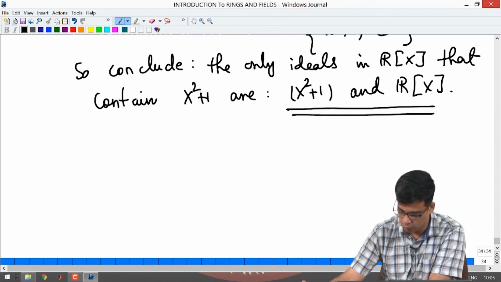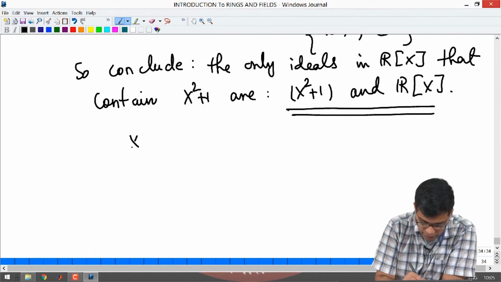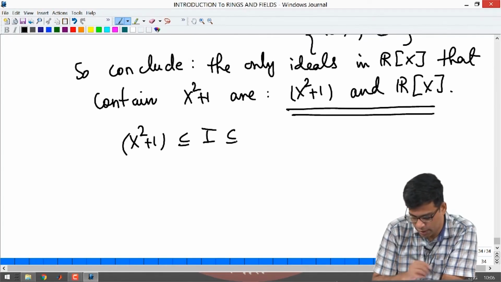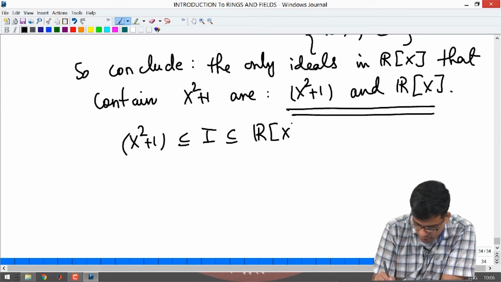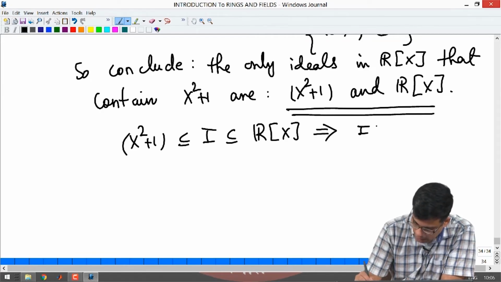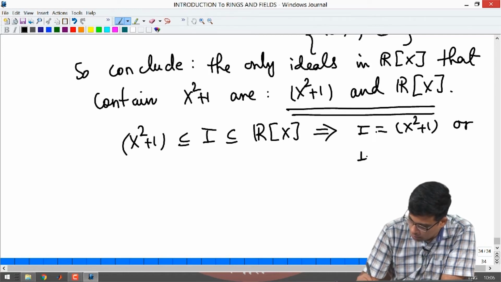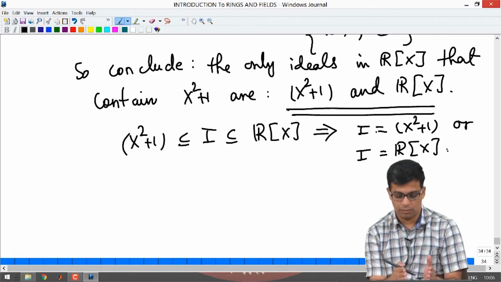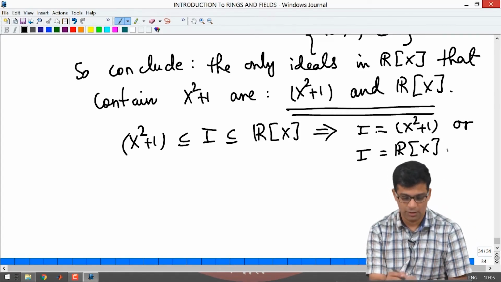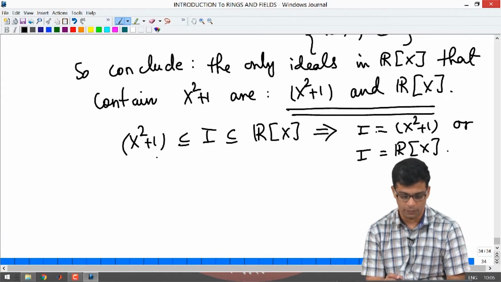So, this is the point I want to emphasize. In other words, if you have an ideal (x squared plus 1), and it is contained in an ideal I, which is an ideal of R[x], that means I is (x squared plus 1) or I is R[x]. There are no ideals between (x squared plus 1) and R[x] that are different from both of them.